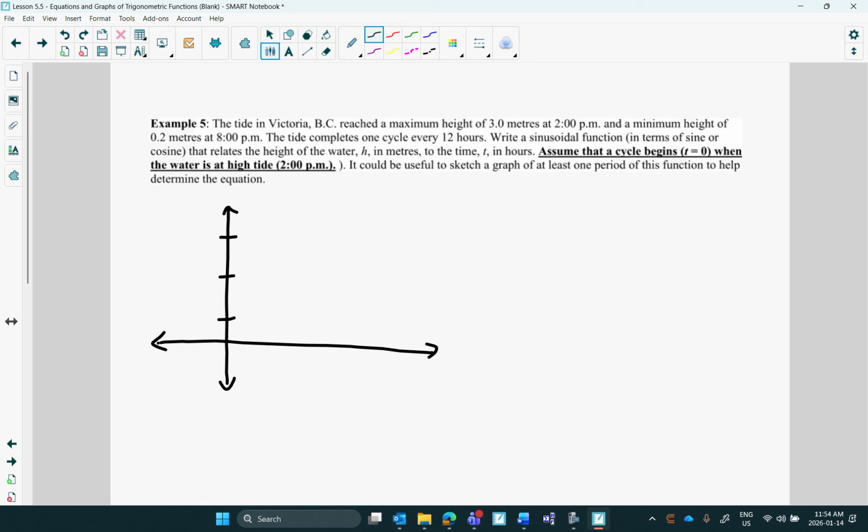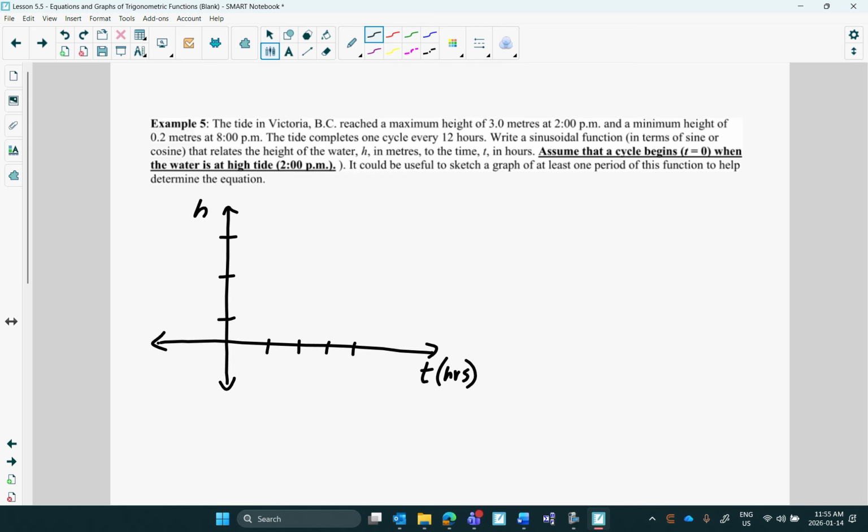3 notches there for min, mid, and max. 4 notches along here, and this is time, and this time we're in hours. And we're in height again, the height of the water. Okay, so now I can start filling in my numbers.